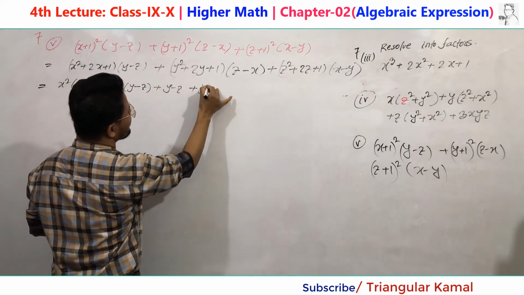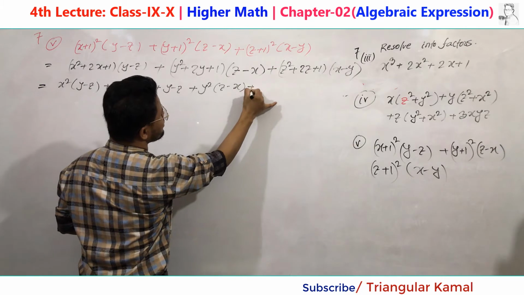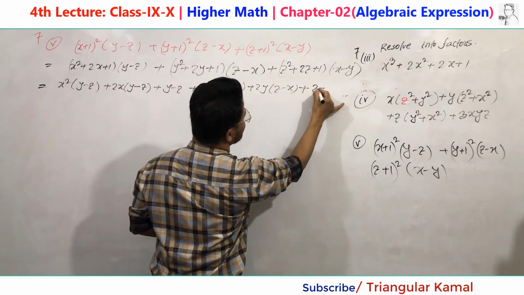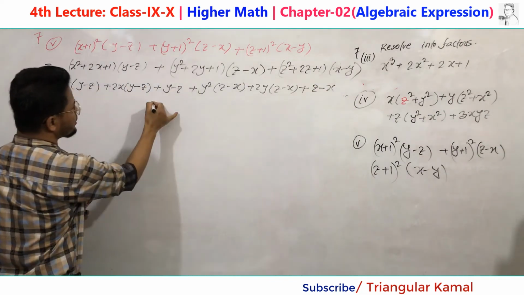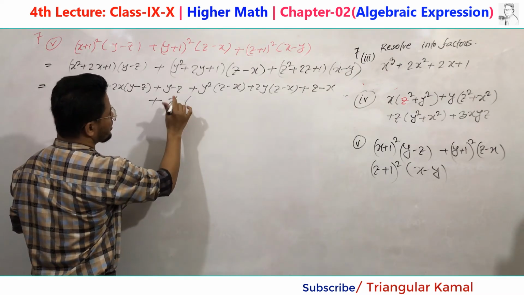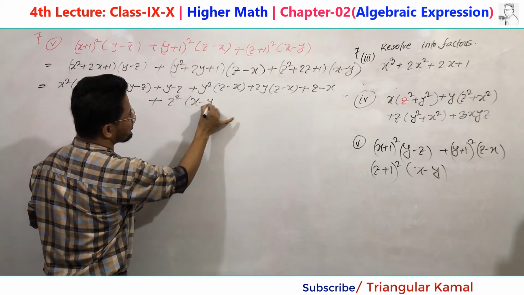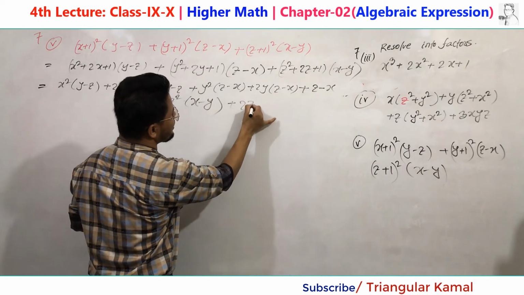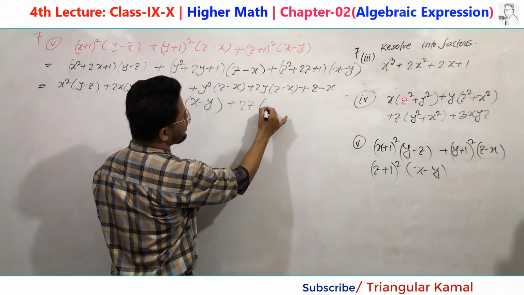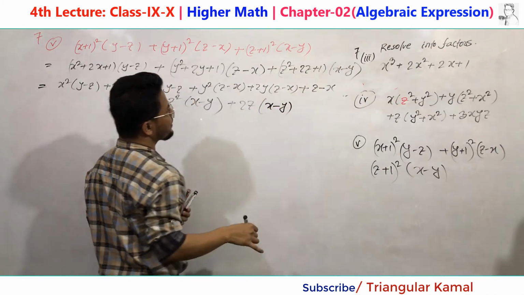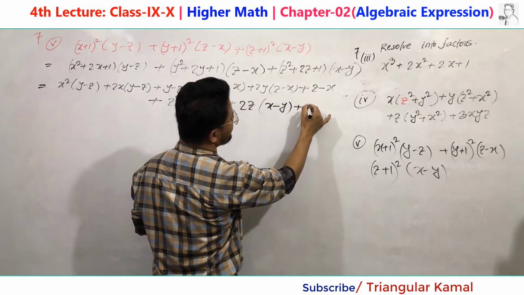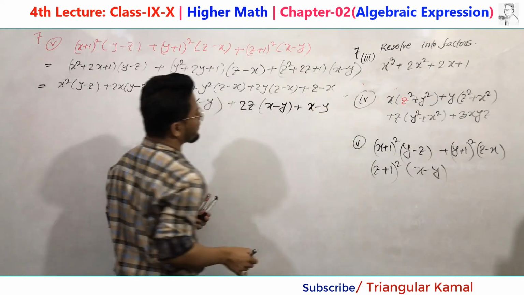Similarly, y square multiply with z minus x, 2y multiply with z minus x, then 1 multiply with z minus x. The last one, z square multiply with x minus y plus twice z multiply with x minus y plus 1 multiply with x minus y.